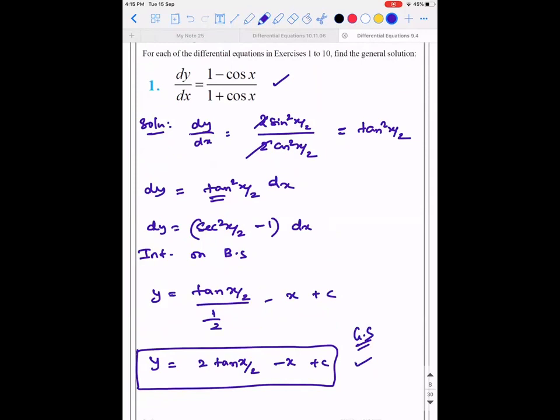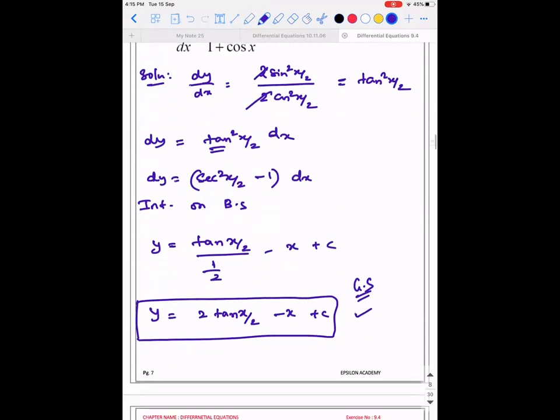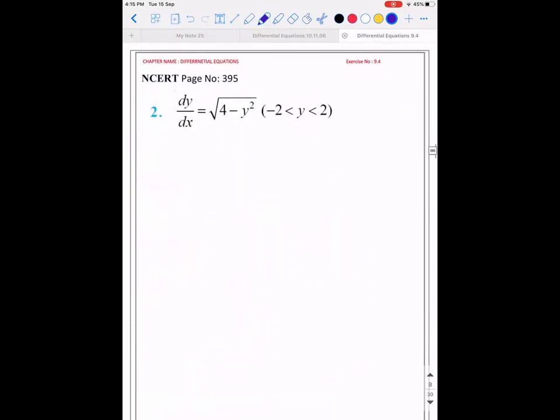So moving on to the next question. dy by dx is equal to root of 4 minus y square. Solution: dy by root of 4 minus y square is equal to dx. So what will be the required answer? Integrate on both sides.